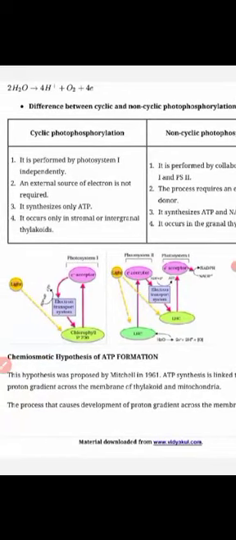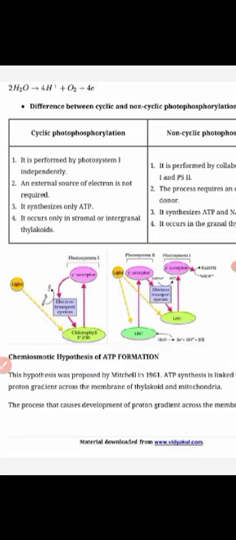But cyclic photophosphorylation is performed by photosystem 1 independently. An external source of electron is not required. Inside this system, the electron gets utilized to synthesize the ATP, and it occurs only in the stromal or intergranal thylakoid, meaning lamellar.